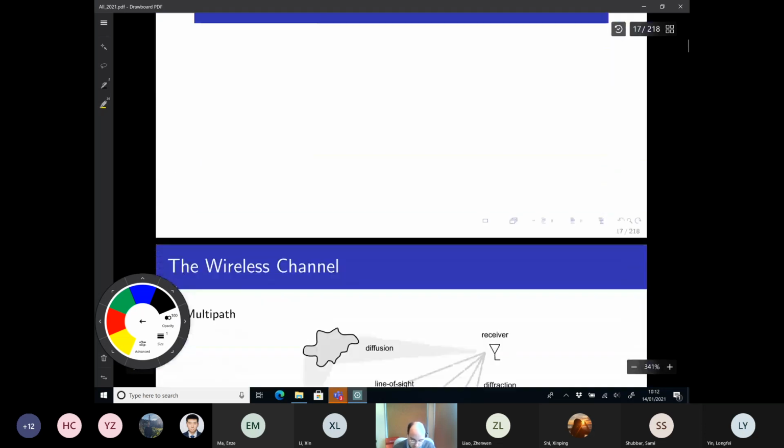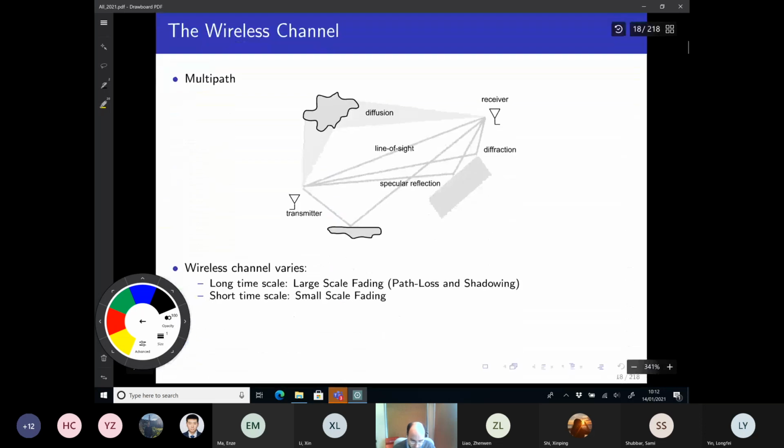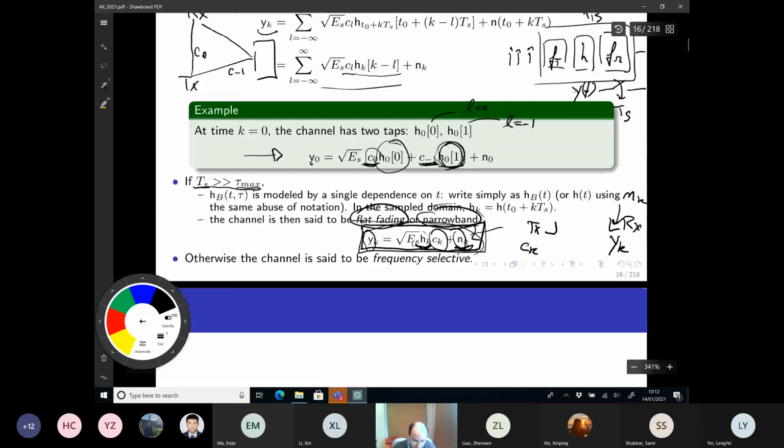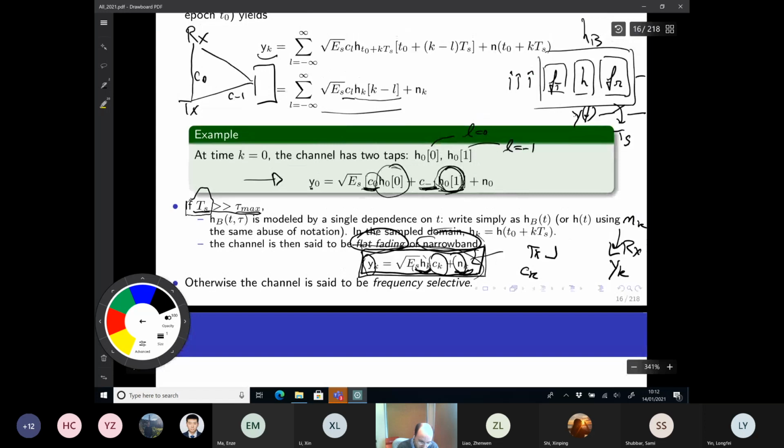So the wireless channels, I was telling you early on that you can have reflections. And so for a given bandwidth, we assume that the symbol duration is much larger than the delay we have in these wireless channels.